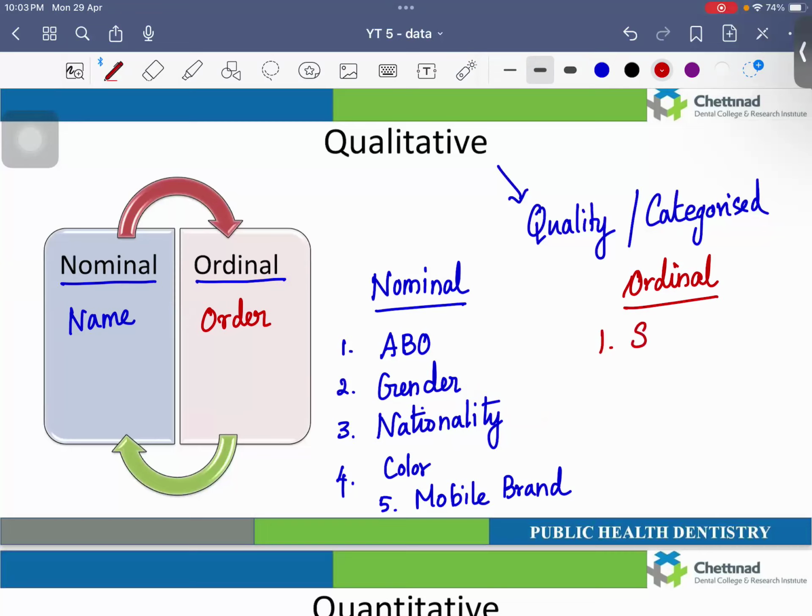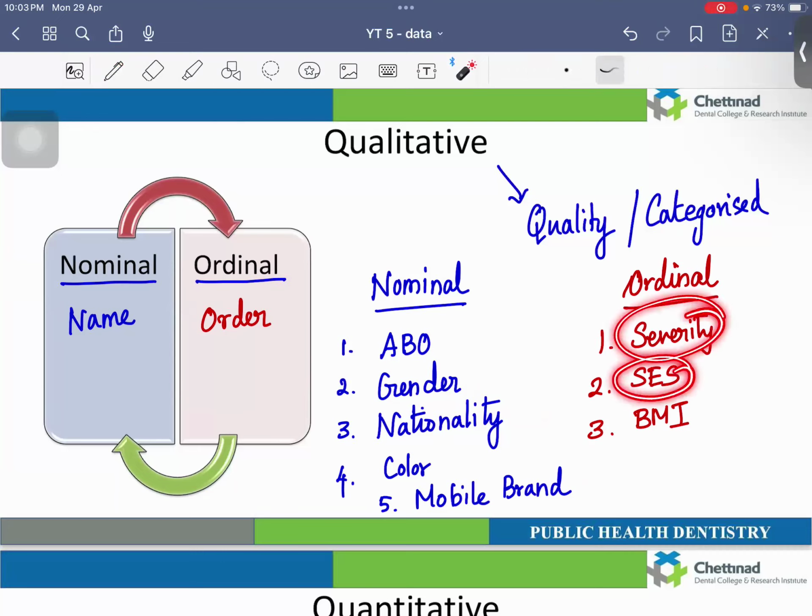For example, severity of a disease, socioeconomic status, and third, BMI. BMI, when it is being categorized, I can tell it as ordinal data. What is this ordinal data? There is an inherent superiority or inferiority in it.